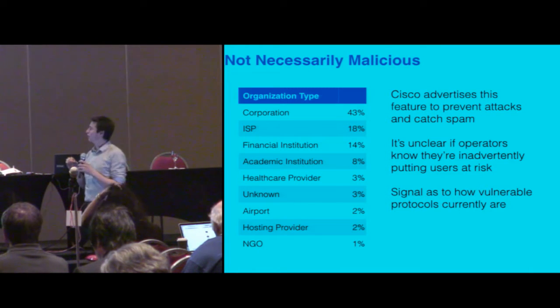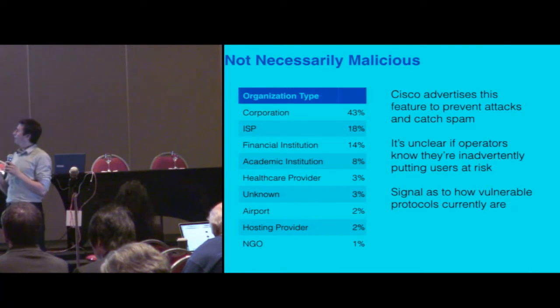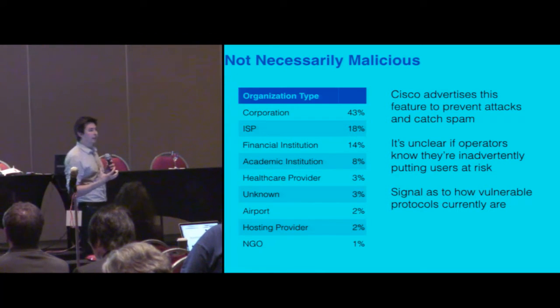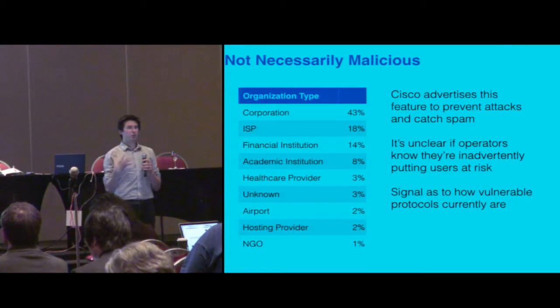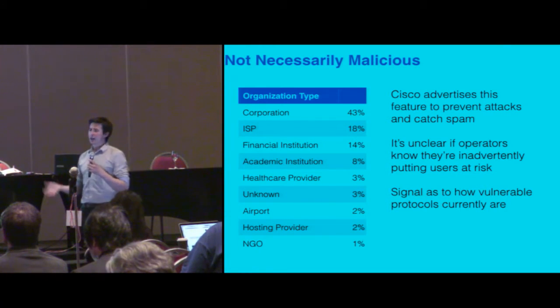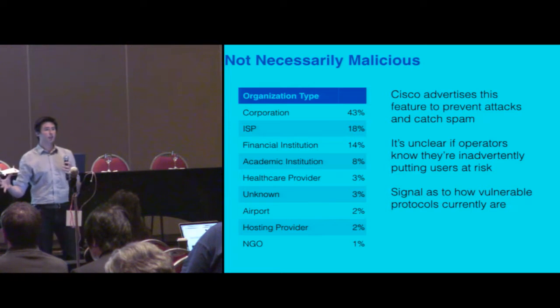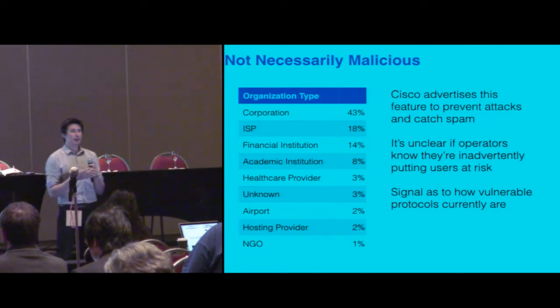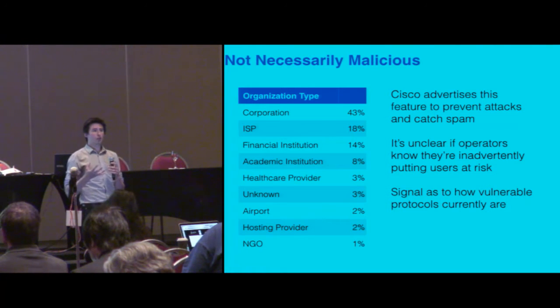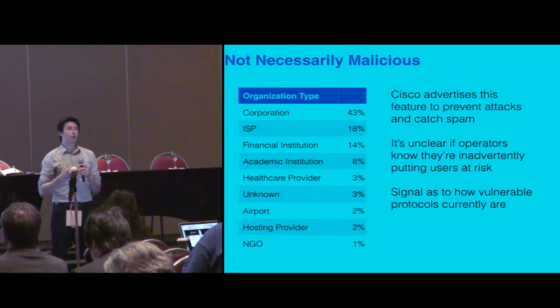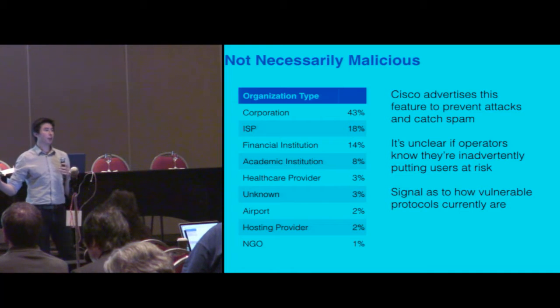What a lot of this looks like is that organizations or ISPs have deployed these middleboxes that they believe are adding security and allowing them to look at the mail, but these middleboxes are not terminating the TLS connection and restarting it to look at the mail and protect it. Instead, they're just preventing the TLS connection from ever occurring, and that inadvertently means that all of your mail is sent in clear across the internet.